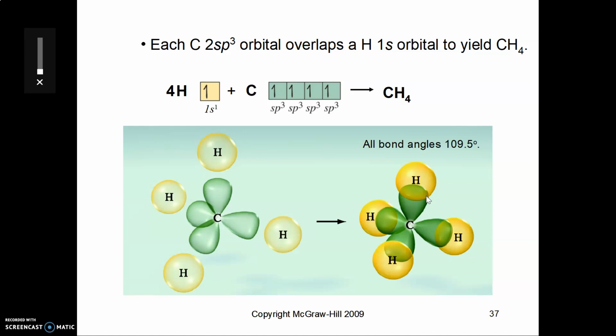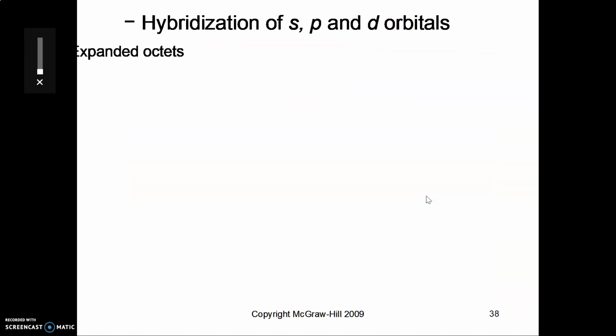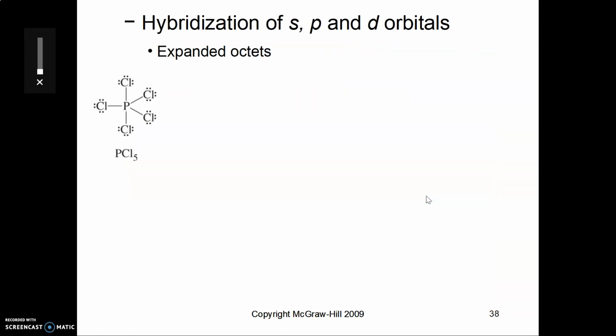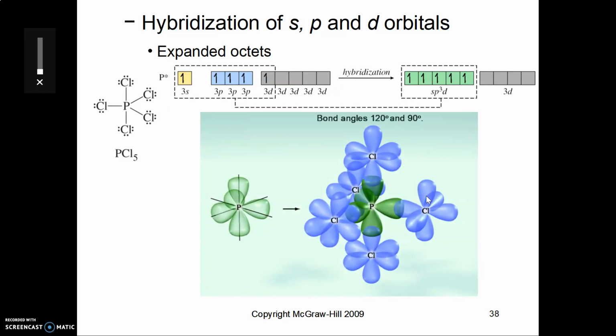Now, we can take it a little bit further, and we can do the d orbitals, which is how you get things like these expanded octets. What they mean by expanded octets is you're breaking the octet rule. So with phosphorus, the octet rule says 8, but this has 2, 4, 6, 8, 10. It's because you can hybridize d orbitals and bring them into the mix.